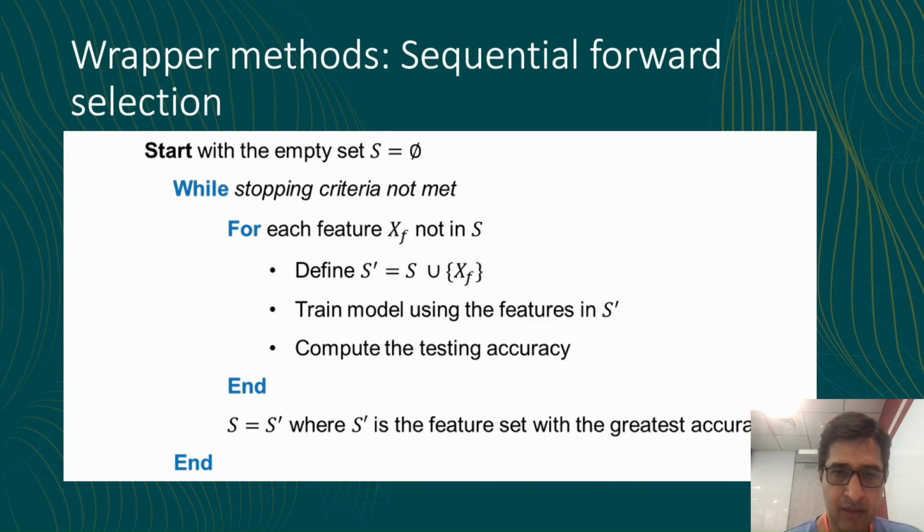You start the process by having no features at all, and then you find that one feature that gives you the maximum predictive performance. After having found that one feature, you add the next that in combination with the first feature gives you the maximum boost, and so on and so forth. And you end when you find that adding any additional feature actually degrades the model performance.